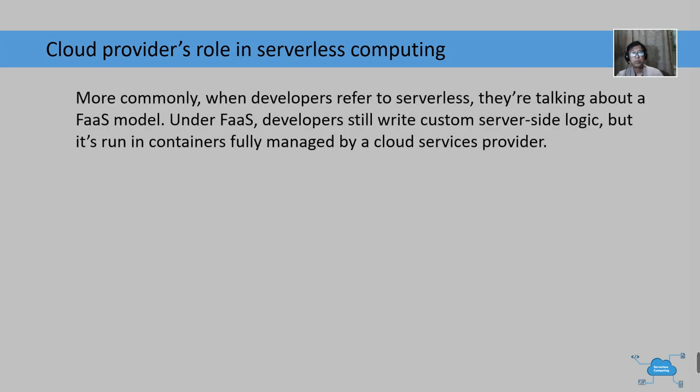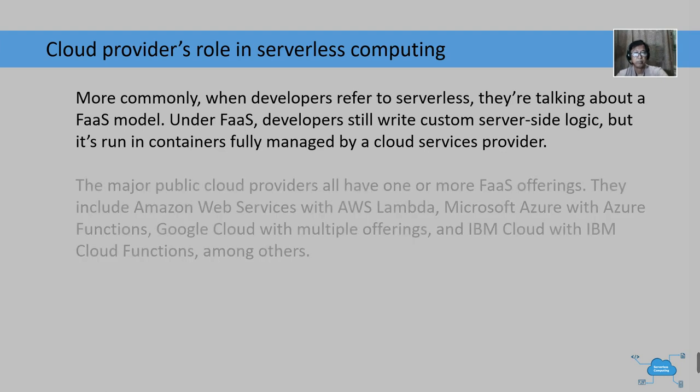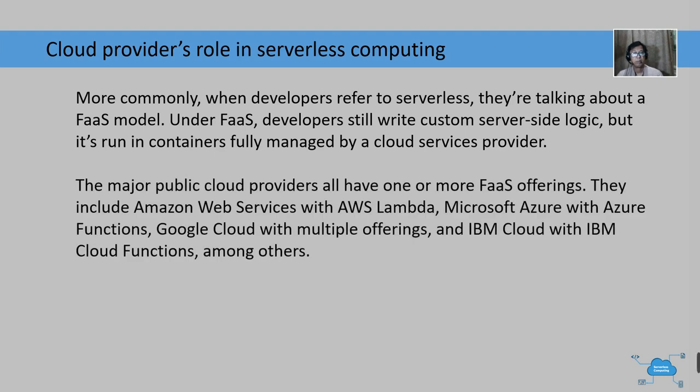More commonly, when developers refer to serverless, they're talking about a FaaS model. Under FaaS, developers still write custom server-side logic, but it's run in containers fully managed by a cloud services provider. The major public cloud providers have one or more FaaS offerings. We already know most of these cloud providers.